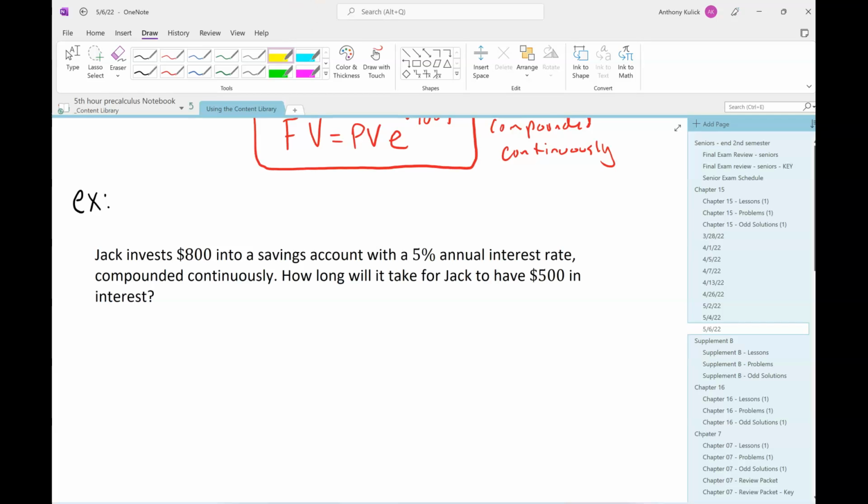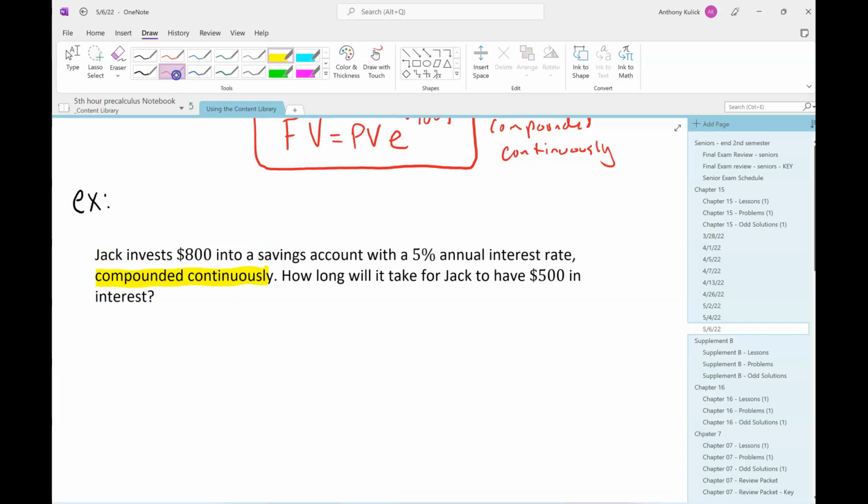How long will it take for Jack to have $500 in interest?